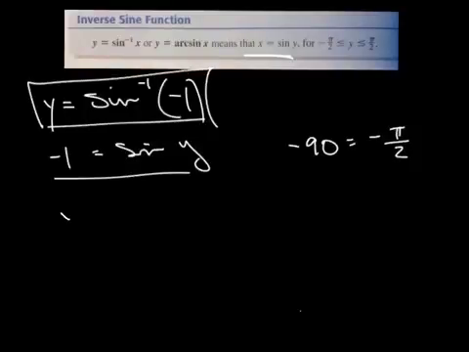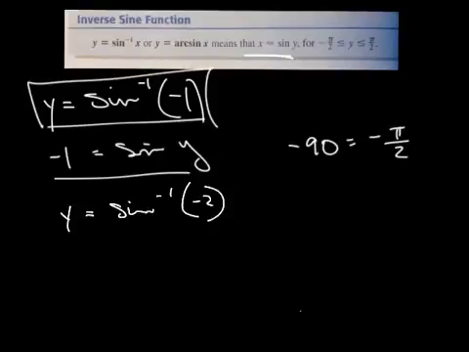Letter C says y equals the sine -1 of -2. So again, I'm just going to put in my -2 arc sine. And the problem is that gives me an error. Why does that give me an error?